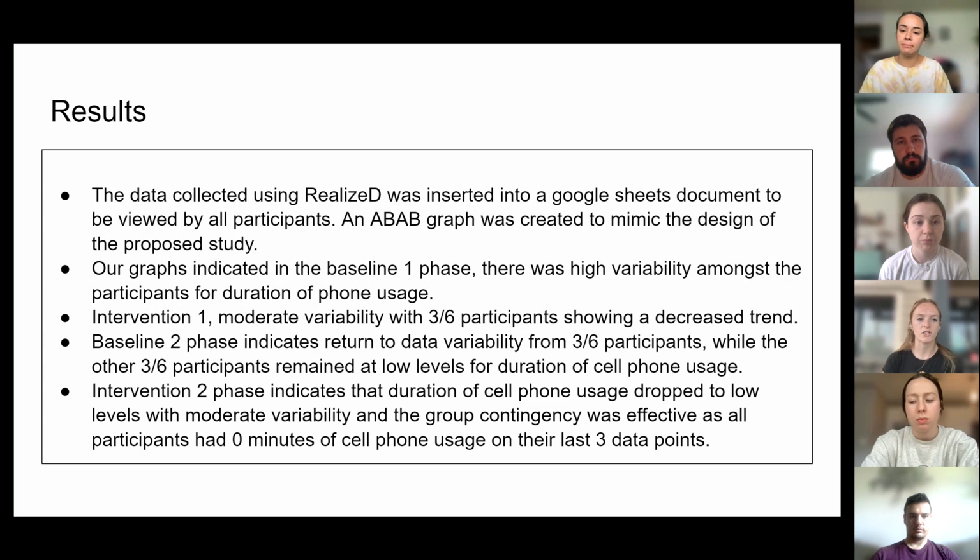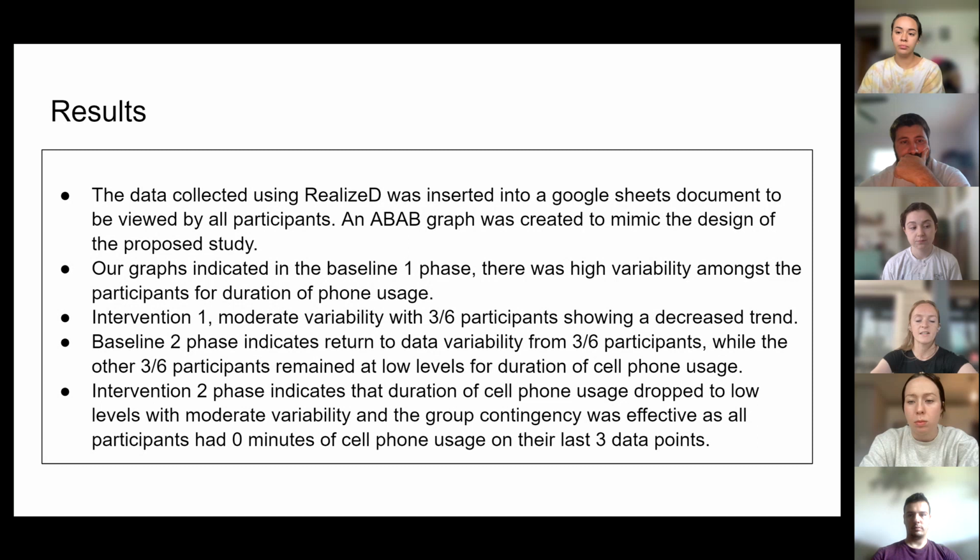Our variability across our phases was highest during our first baseline phase. During our intervention phase 1, variability was moderate at low levels of cell phone usage, with 3 of our 6 participants showing a decreasing trend. And during our baseline 2 phase, our data show moderate variability, with 3 participants remaining at low levels of the duration of cell phone usage with low variability.